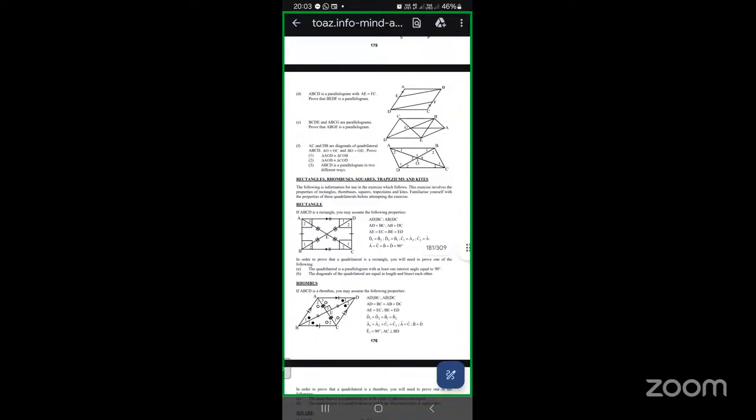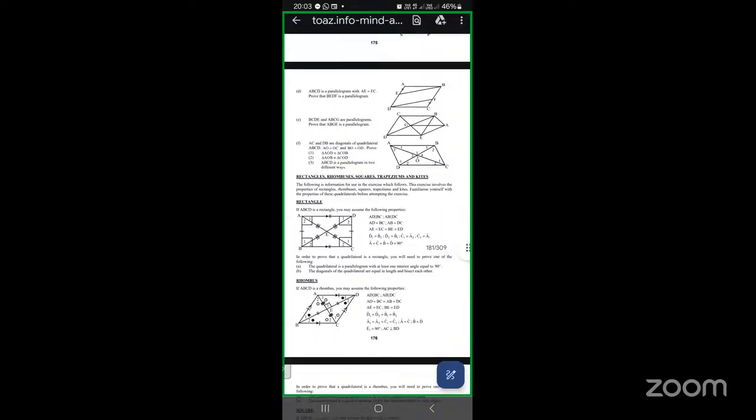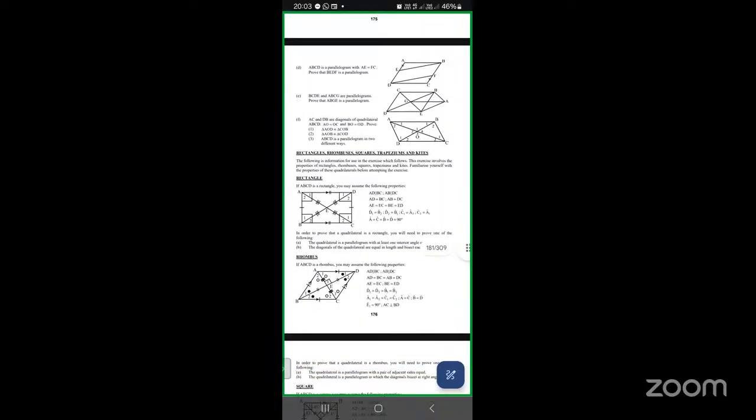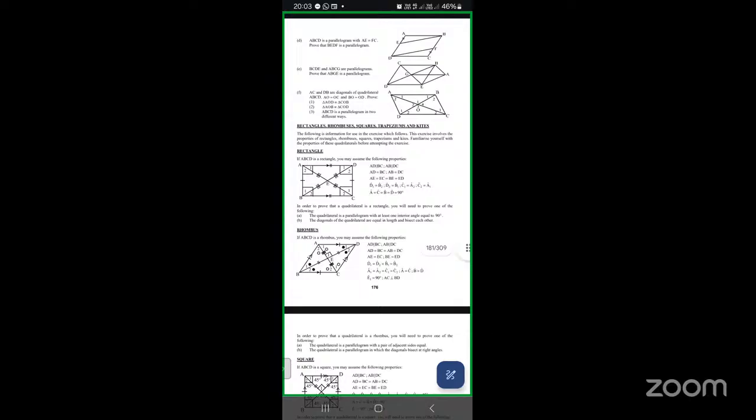Now we are going to look at the rectangle, square, trapezium, and the kite, so that we can use them if we are given a quadrilateral that requires those properties.